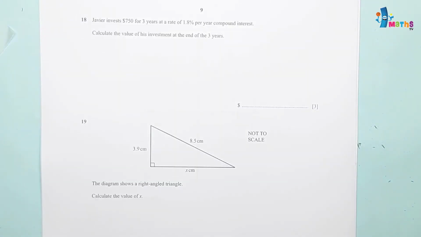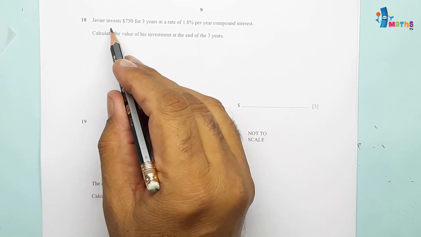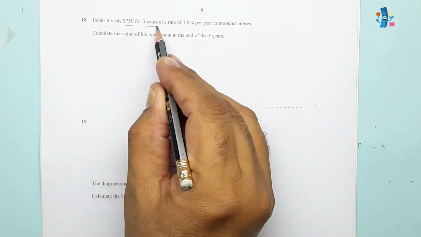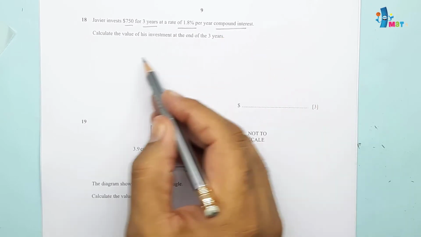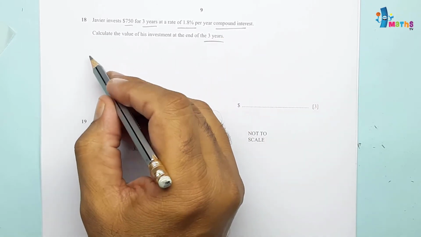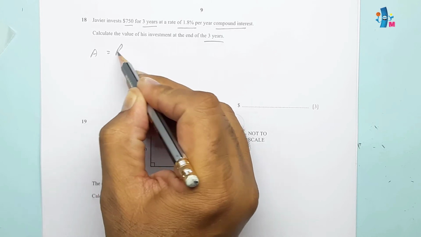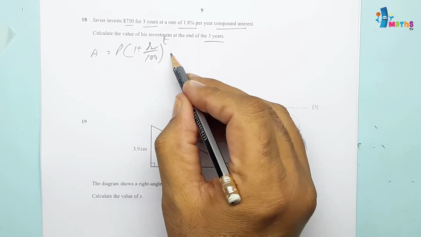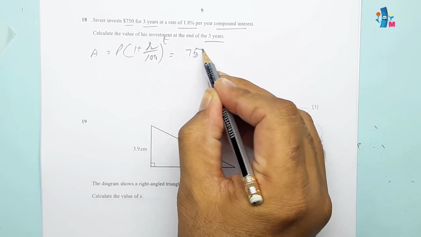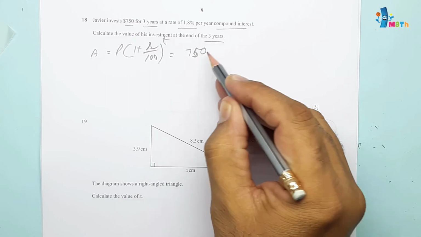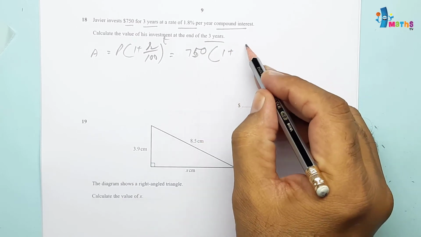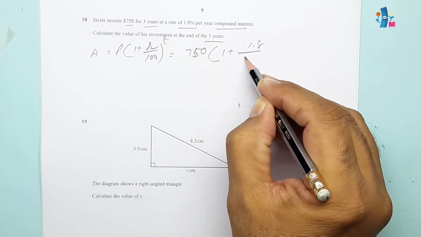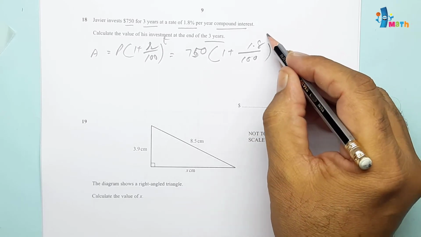Now question number 18. This is investment. Jawair invests $750, rate is this one, compound interest, and 3 years. So compound interest formula, A is equal to P into 1 plus R over 100 raised to power T. 750 is the principal amount which is invested. 1 plus rate is 1.8 over 100 raised to the power 3 years.